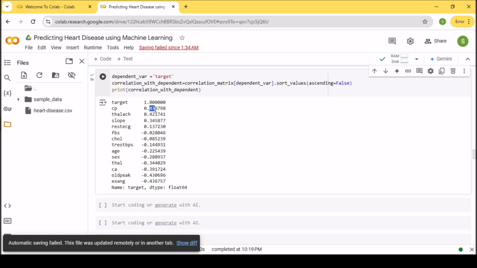It suggests a moderate positive correlation between the chest pain and the heart disease. How do we read the positive correlation? In simple terms, as the severity or type of chest pain increases, the chances of individuals having a heart attack or heart disease also increase.